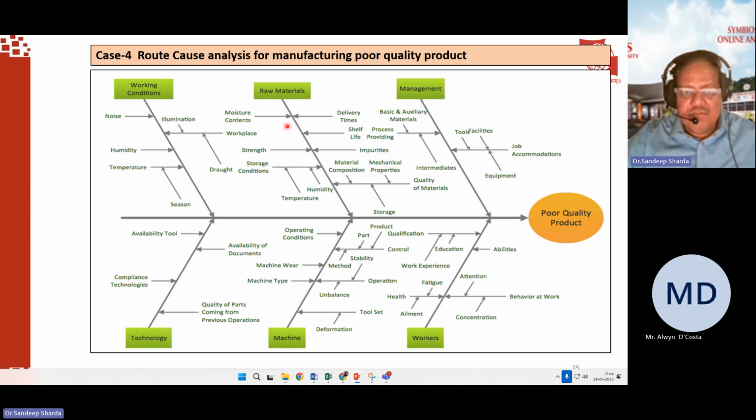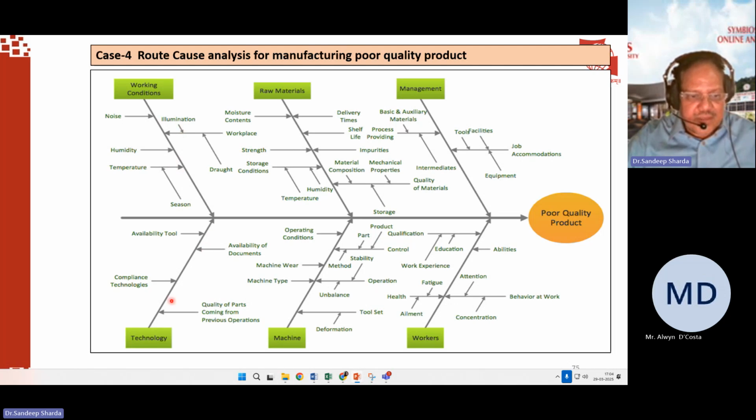Raw material: there is moisture content, there is a strength problem, storage conditions, impurities, shelf life and delivery times. Working condition: noise, humidity, temperature, or illumination.